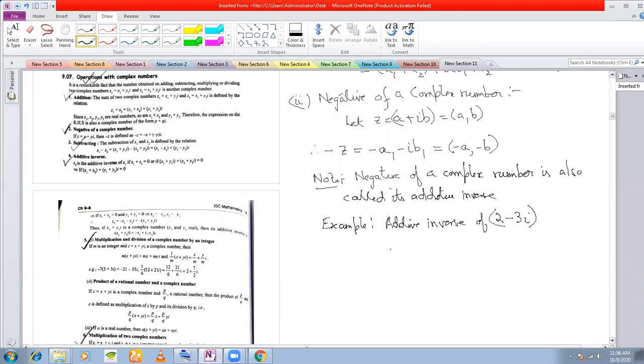You change the sign of the real as well as the imaginary part. The real part goes from plus 2 to minus 2, and the imaginary part from minus 3 to plus 3i. So this is the additive inverse. You simply change the signs of the real and imaginary parts. If I take z = 2 minus 3i, then the negative of this number is minus z = minus 2 plus 3i. So z and minus z are additive inverses of each other.